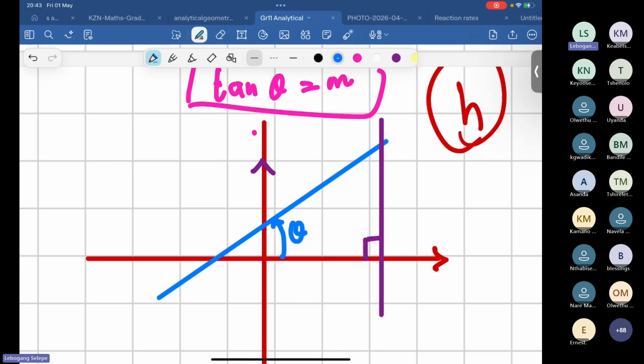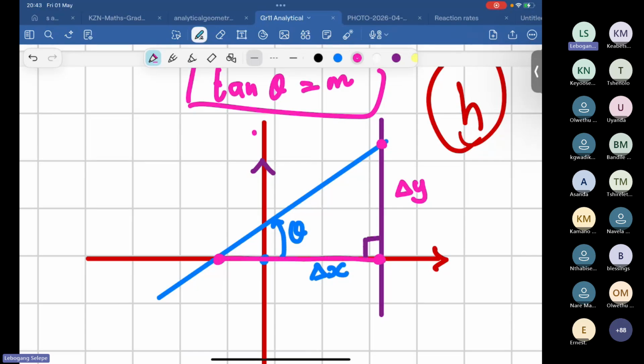If I move from here to here, is that a change in x or a change in y? Change in x. Now, if I move from here and come here, is that a change in x or a change in y? Change in y. Generally for the change in x, you want to move from here to here, but it's the same thing.